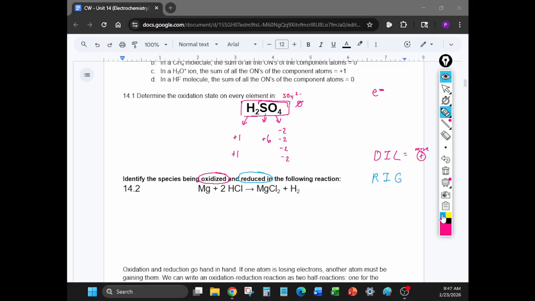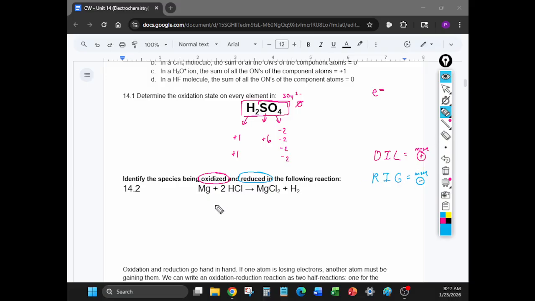On the other hand, reduction is gain. Again, remember, electrons are negative, so if you gain negative things, you will become more negative. So when we are looking at which species is oxidized and reduced, we want to figure out basically which one is becoming more positive and which one is becoming more negative.